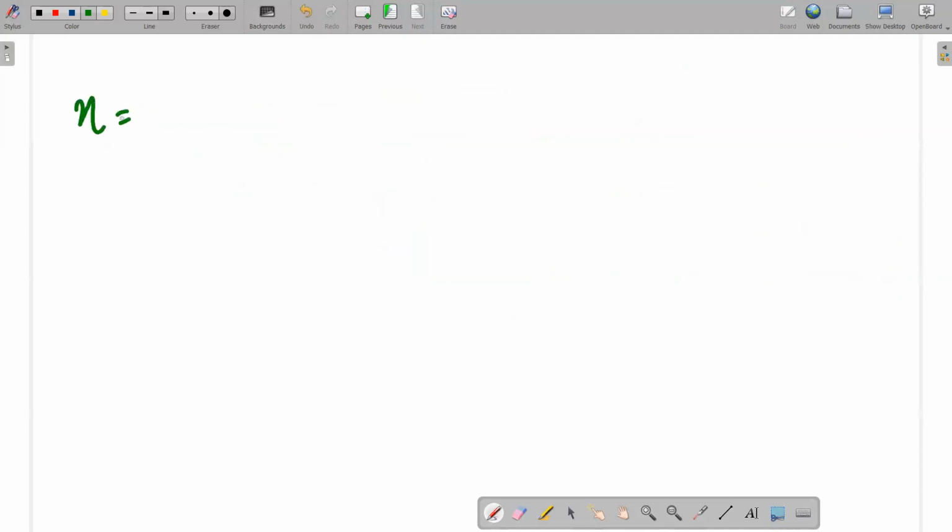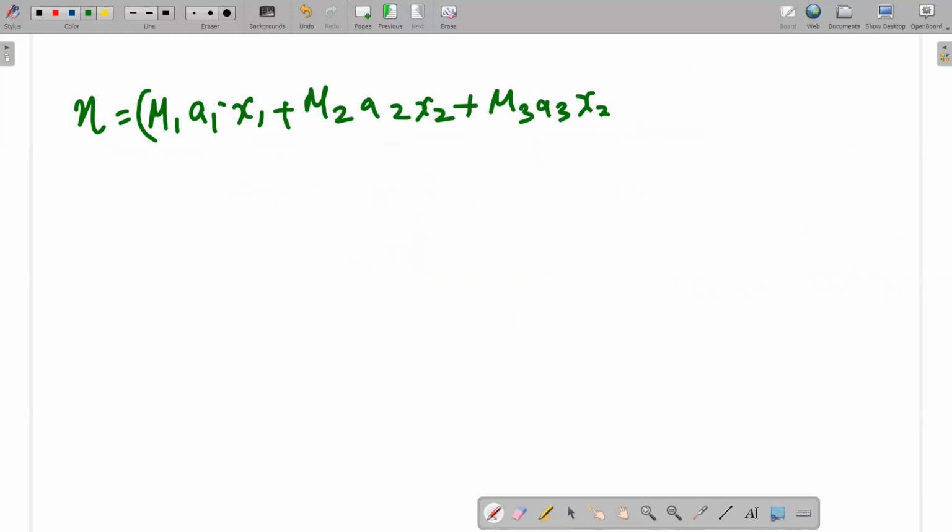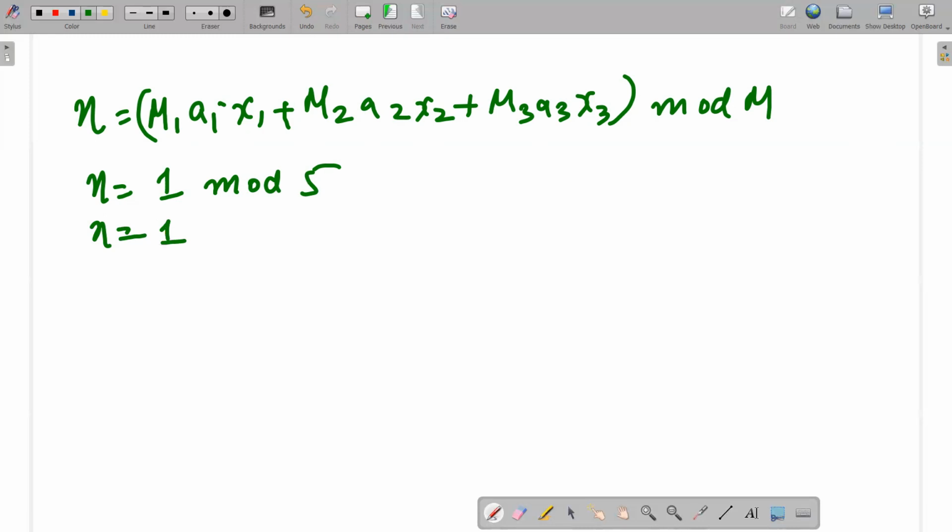and the formula is n equals m1 a1 x1. This is a predefined formula: plus m2 a2 x2 plus m3 a3 x3, and that answer is taken mod capital M. So n was 1 mod 5, 1 mod 7, and 3 mod 11.